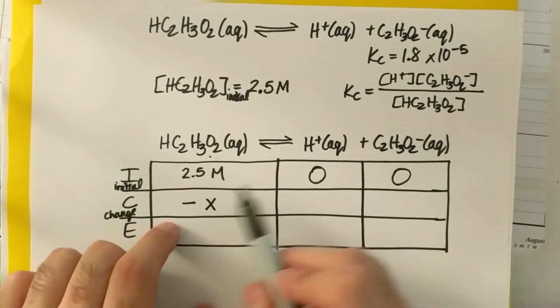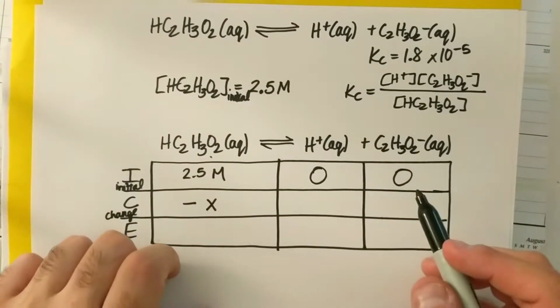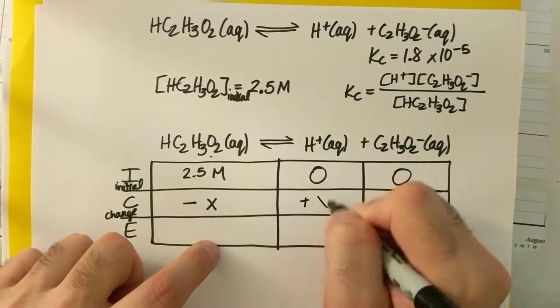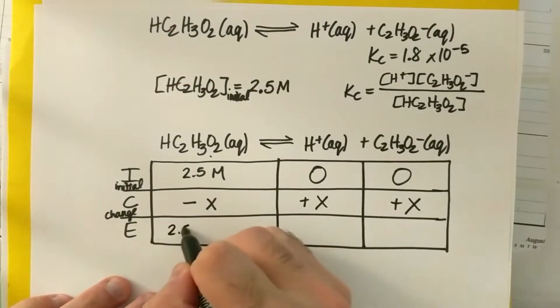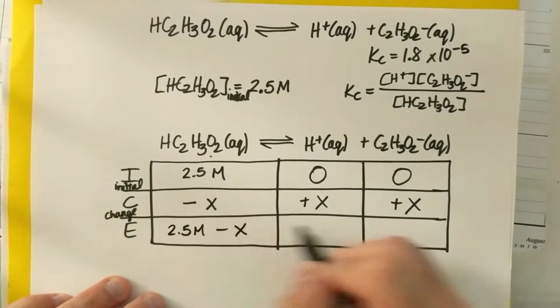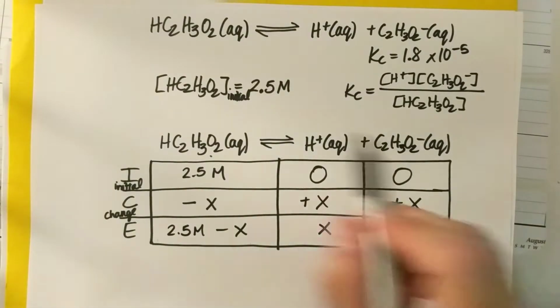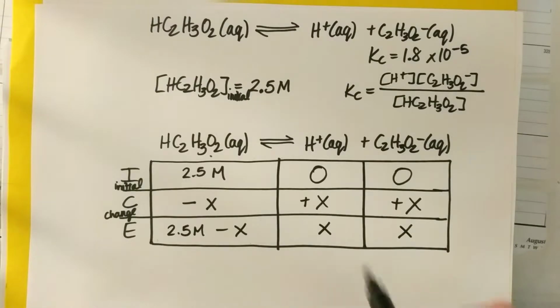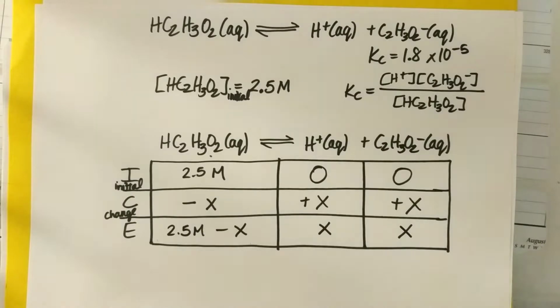And whatever I'm losing here, since my H plus and C2H3O2 minus is a 1-to-1 mole ratio, I'm going to get plus X, plus X. So at equilibrium, it's going to be my 2.5 molar minus X, X, and X. We've done this before, except I've given you the value of X, and then you've plugged it into my change, and then figured out my Ka. Now, or Kc. Now I've given you the Kc. It's 1.8 times 10 to the minus fifth.